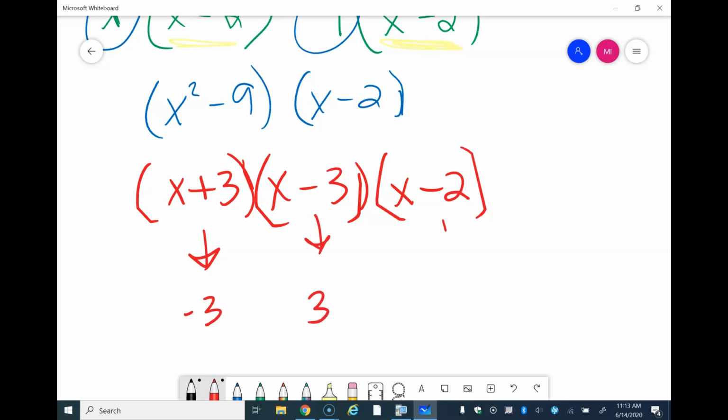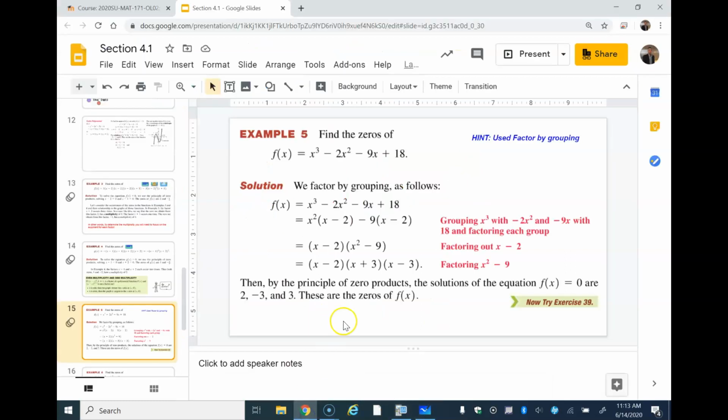If I set this one equal to 0, it's going to be 2. And if this question were to ask what is the multiplicity, well, there's only one -3, so that's a multiplicity of 1, multiplicity of 1, multiplicity of 1. So there's only one time each occurs. So my answer for the zeros is -3, 3, and 2.